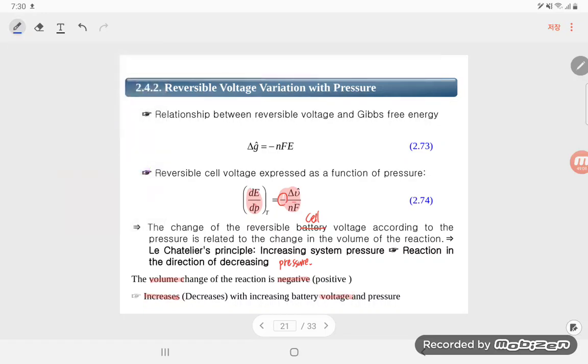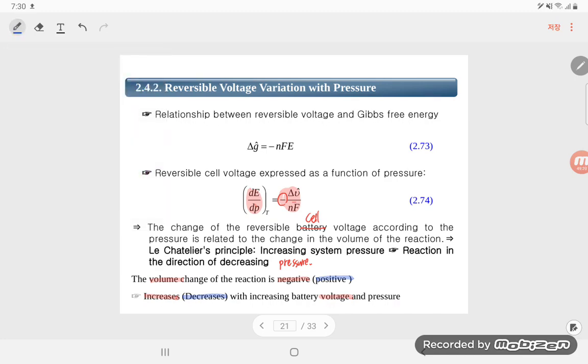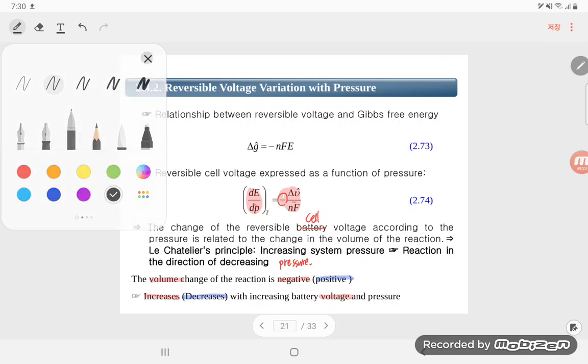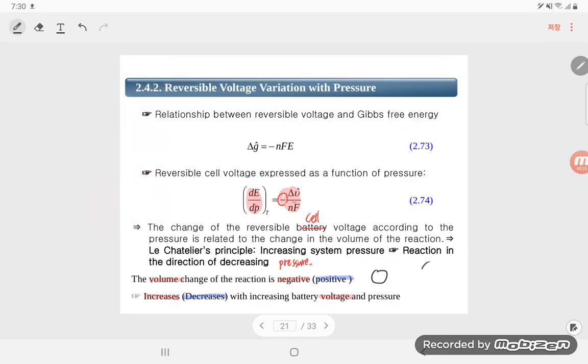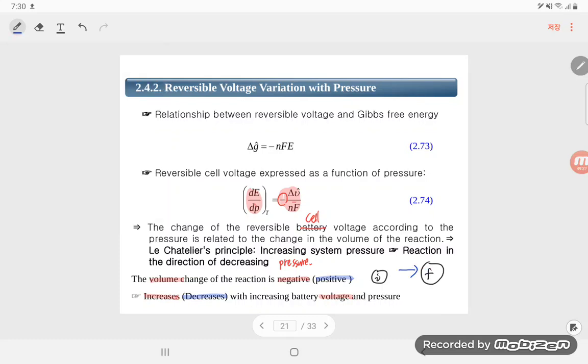And if the volume change is positive, then the voltage will be decreased.